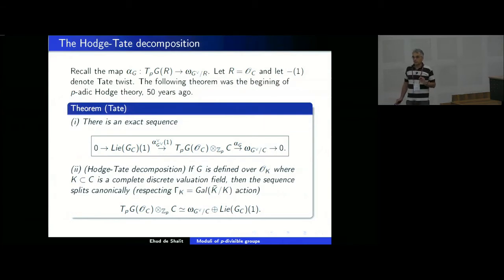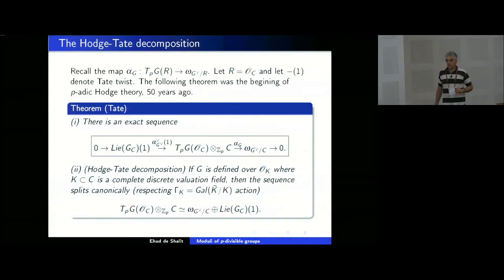And the reason is that Tate was only considering p-divisible groups defined over discrete complete fields, and he used the Galois group in a very essential way, and cohomology of the Galois group, to prove the Hodge-Tate decomposition, and from the Hodge-Tate decomposition, of course, you get the existence of the exact sequence.